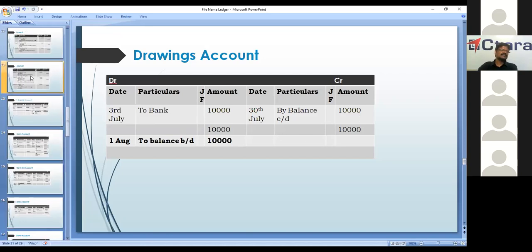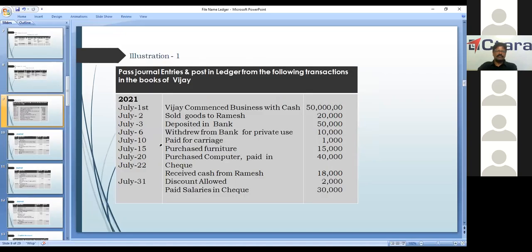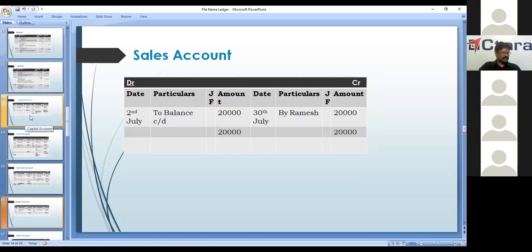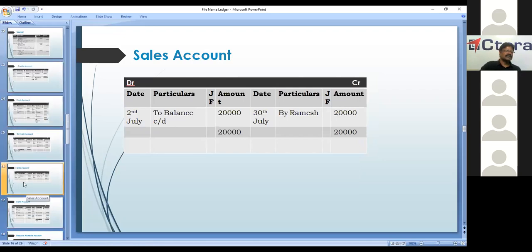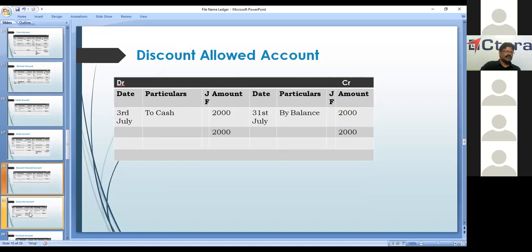Then paid for carriage. The entry for this is carriage account debit to cash. We paid in the form of cash. So what is the ledger here? You have to open the ledger for carriage also.